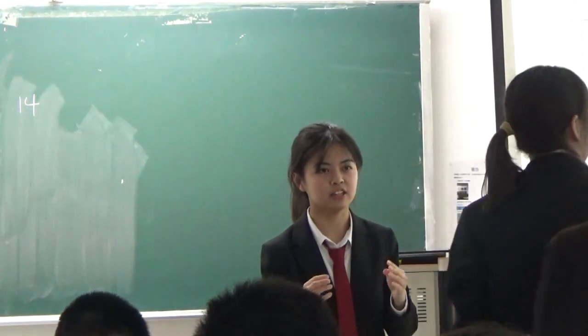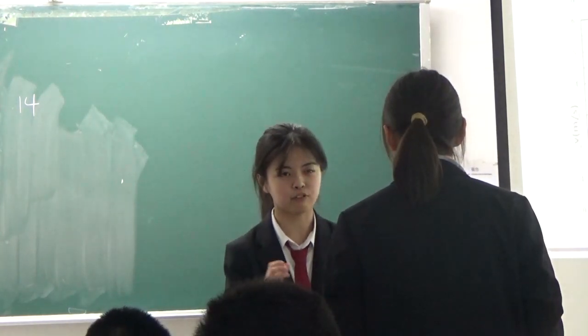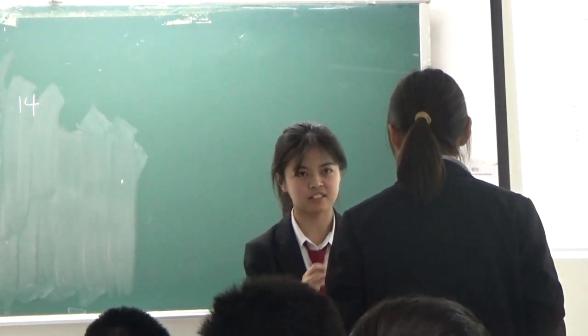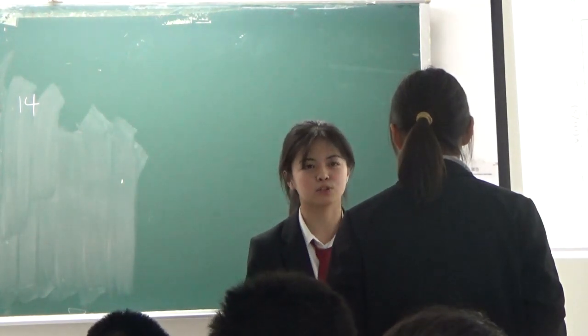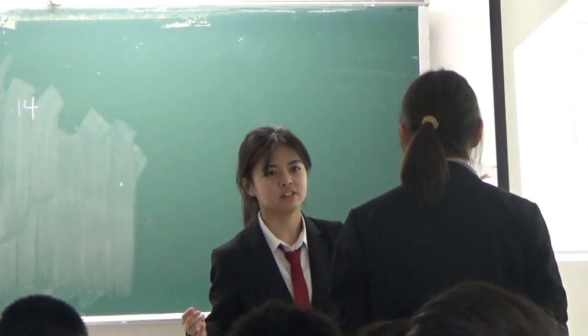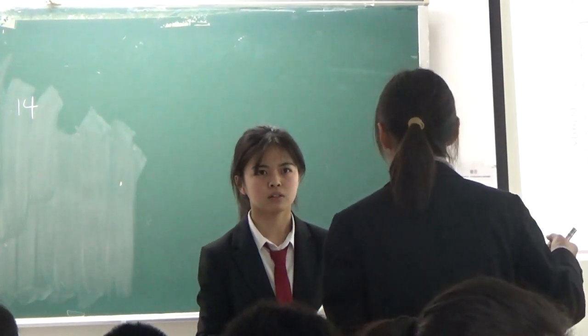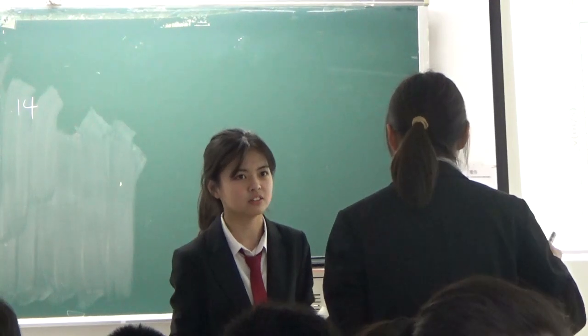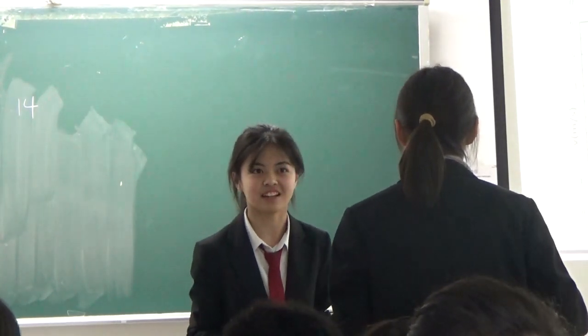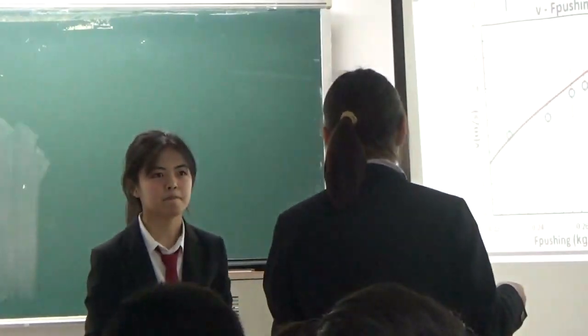So N1 and N2 are inside the formula, but they have already been split into components, like the sine and cosine of theta and phi. So it seems you didn't do the experiment to measure that. We cannot measure the normal force inside. Okay, I see.